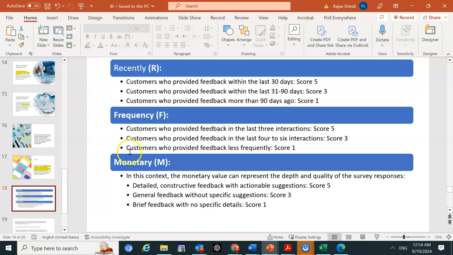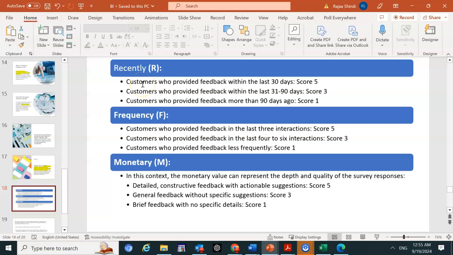So we categorize or classify each customer's behavior based on this. For customers who provided feedback within the last 30 days, we give scores of 1 to 5, and this is something we come up with. That's something you sit with your team to decide, how we can categorize or classify the scores for the R, or recency.